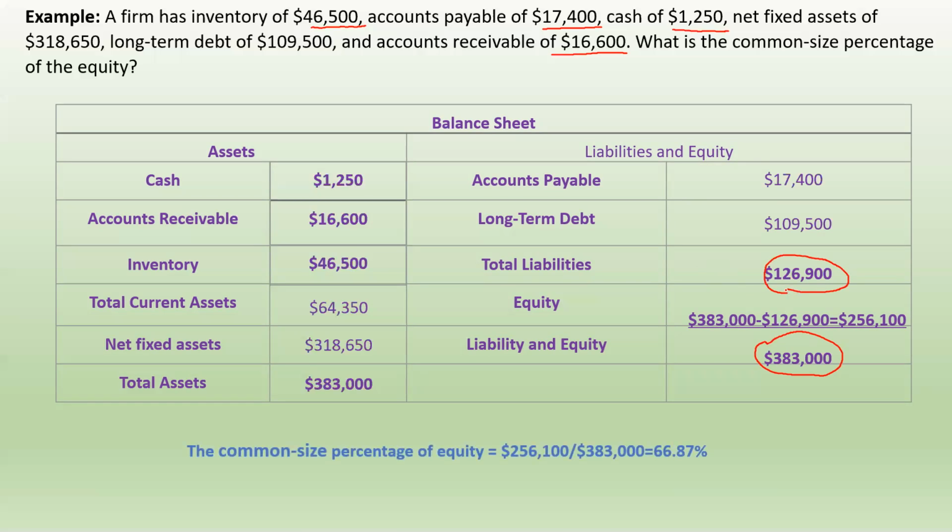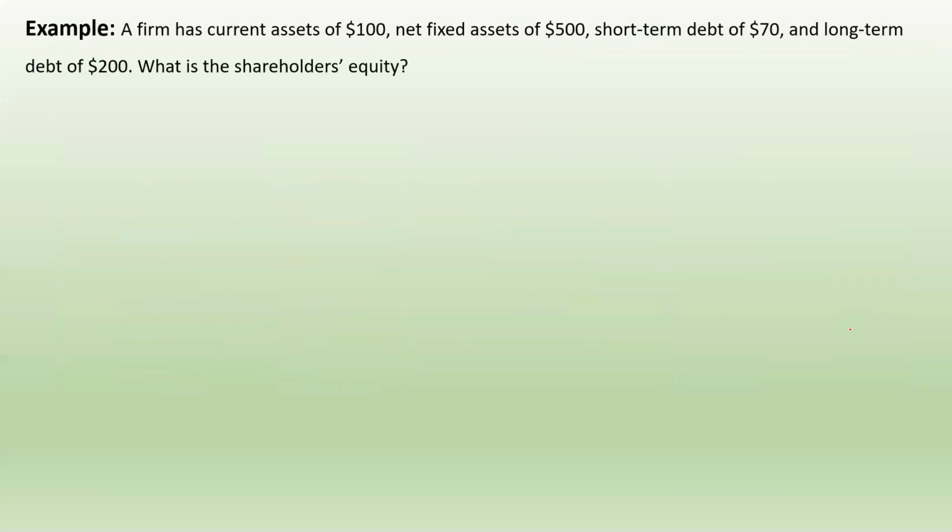Then the common size percentage of equity we calculate by using the equity number we get here divided by the total assets. So it's 66.87%.